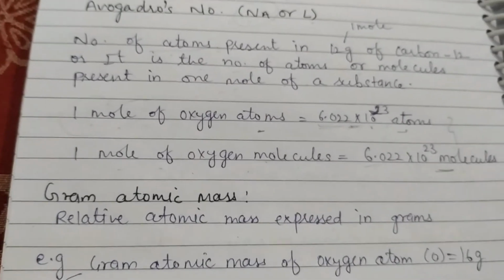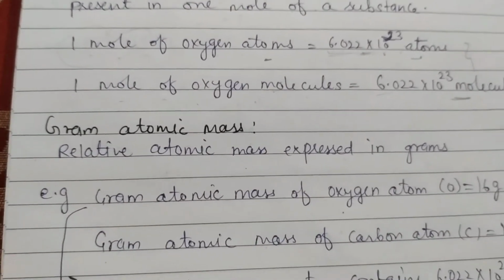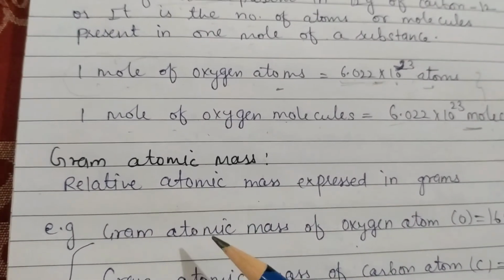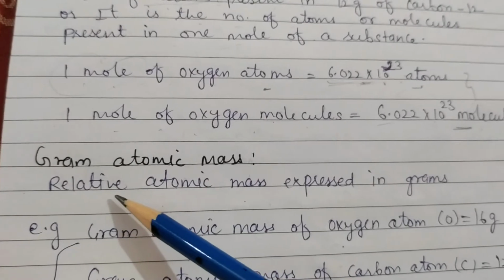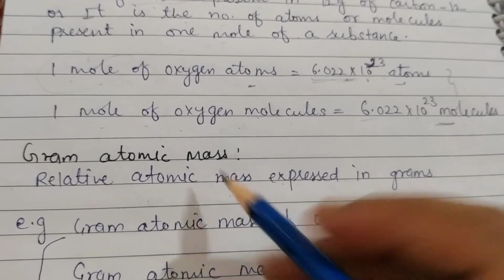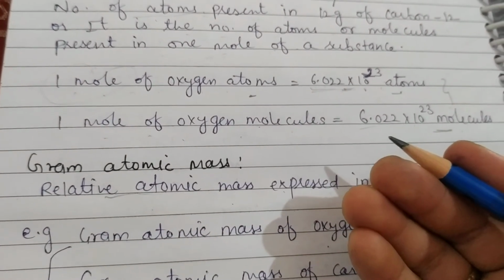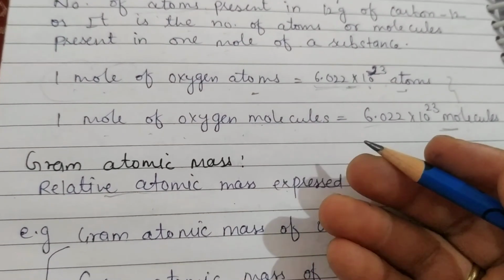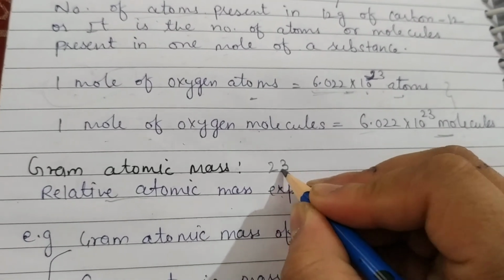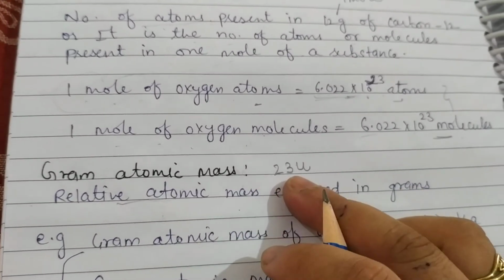So let us understand what is gram atomic mass. As we just discussed, it is relative atomic mass expressed in grams, right? Take any example, like we have taken sodium, right? Sodium having atomic mass 23u.